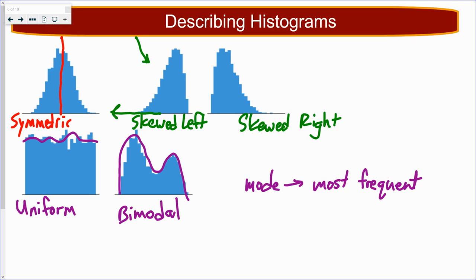Yeah, sure, you could have trimodal or quadmodal or things like that, but they don't need to be the exact same height, but if it looks like we've got 2 areas where it's pretty convincingly most frequent, then we would call that bimodal for our data. And those are just the basic ways that we can describe the shape of a histogram.